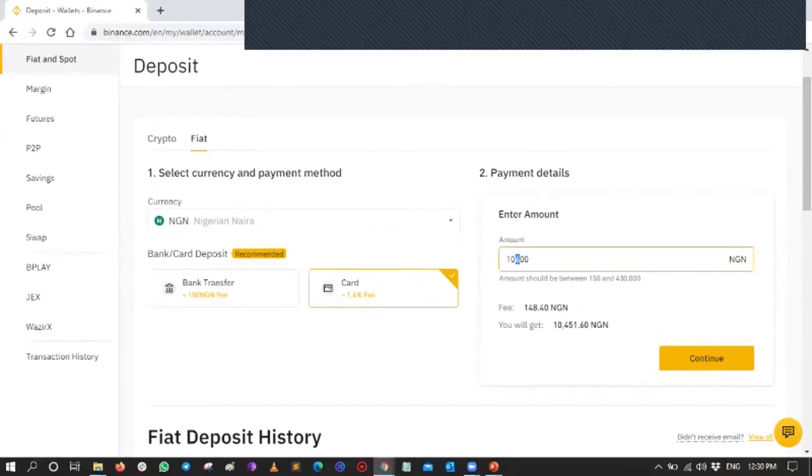So anything less than 10,700 or 800, I use card. But once it's more than 10,800, I use bank because of the charges. This is just tips for my community. And you can see the charges are very cheap compared to other exchanges.